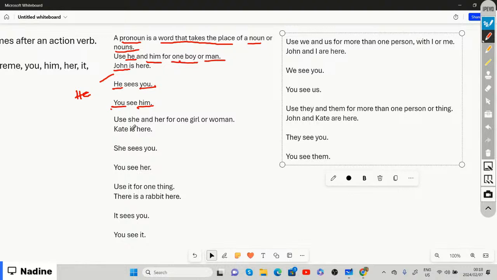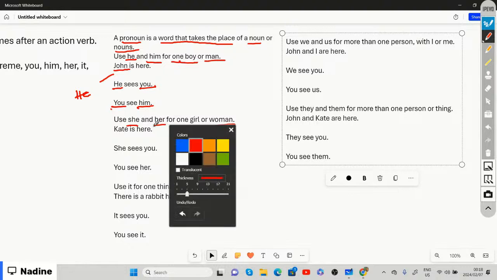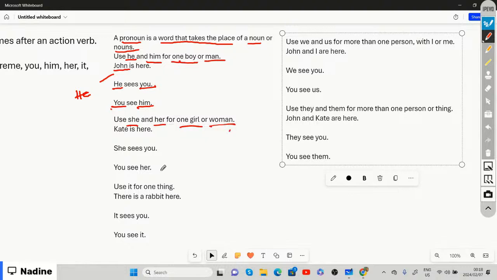So we can then also use the word she, and we use the word her to refer to either one girl or one woman. Examples of when we use she and her to refer to a girl or woman: for example, we say Kate is here.